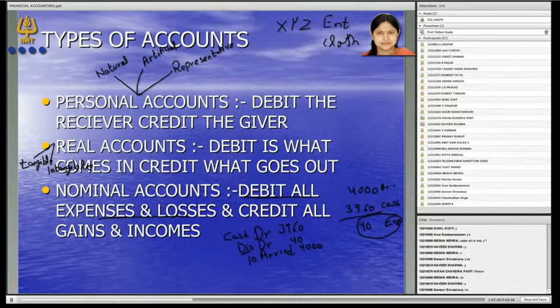Next entry: cash paid to Amrit in full settlement, rupees 4900. Amrit is a person from whom you have made purchases for 10,000. On December 14 you made the purchase for 10,000, and on December 15 you made a purchase return of 5,000.